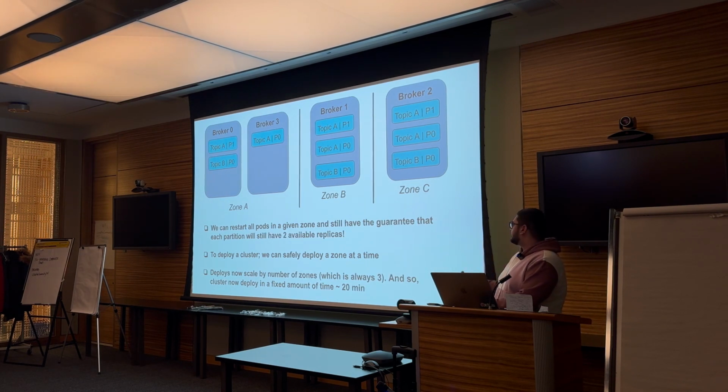And to deploy a cluster, we can now safely deploy a zone at a time. And instead of scaling on the number of partitions we have, which kept increasing, we now scale by number of zones, which is honestly a fixed number. So our deploys went from 27 hours plus for our largest clusters down to literally a flat number of 25 minutes to 20 minutes. This is game-changing for us.